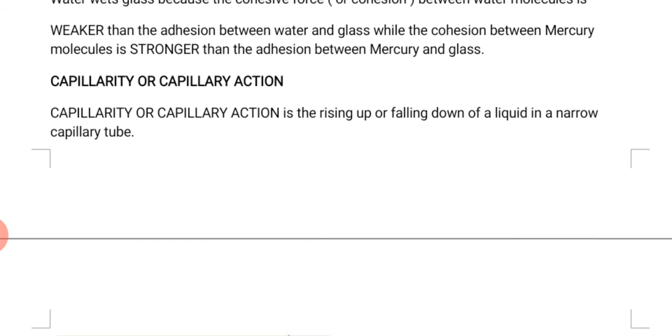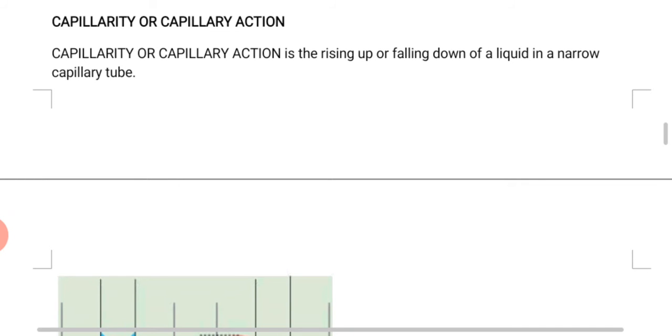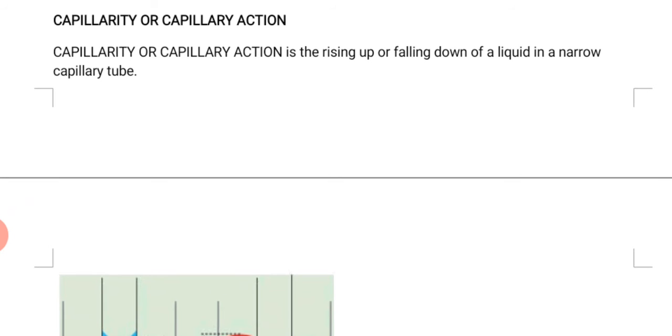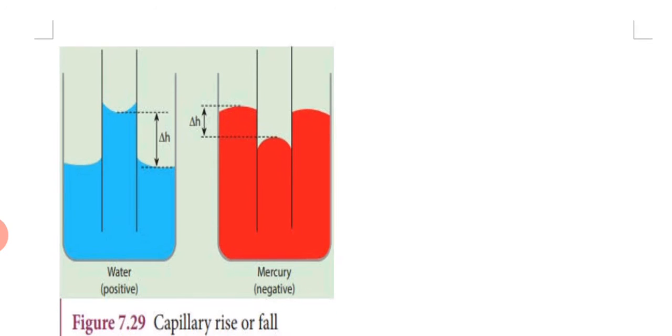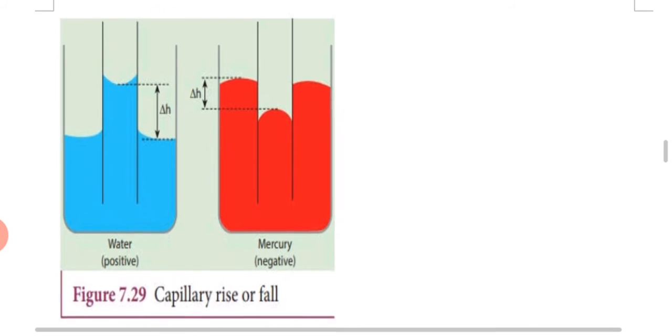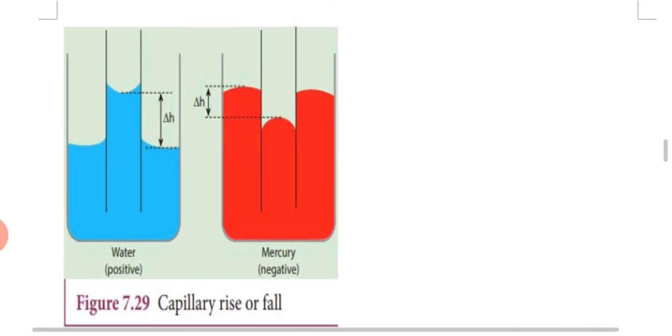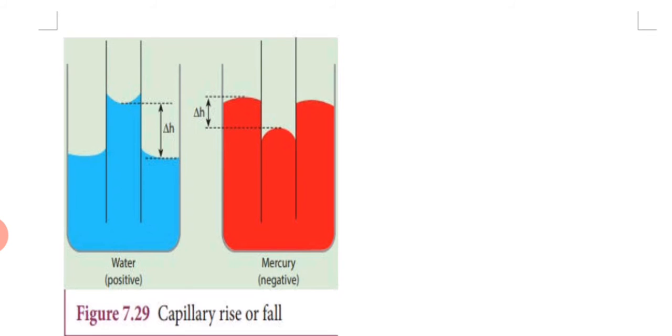Capillarity or capillary action is the rising up or falling down of a liquid in a narrow capillary tube. As we have explained earlier, we have the test tube containing water and another test tube containing mercury.